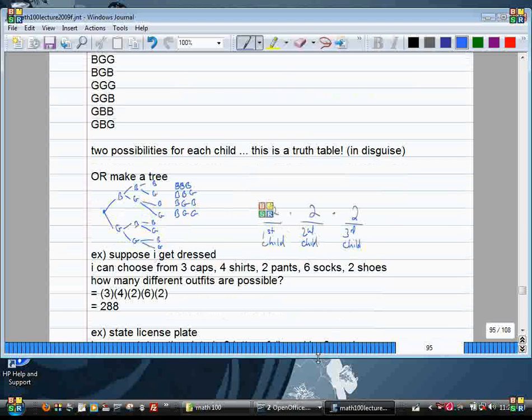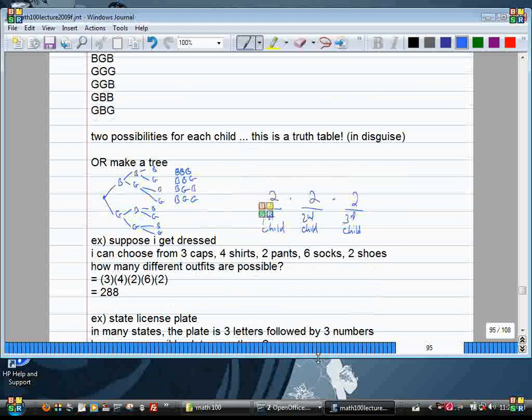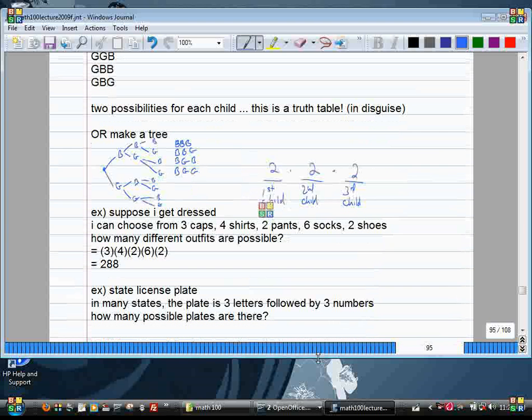Next. State license plates. It used to be the rule for state license plates, and in some states it still is, that the plate was 6 characters, 3 letters, followed by 3 numbers. So following that rule, how many possible plates are there?